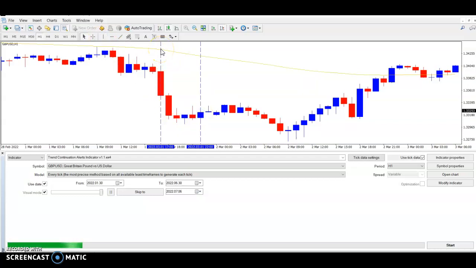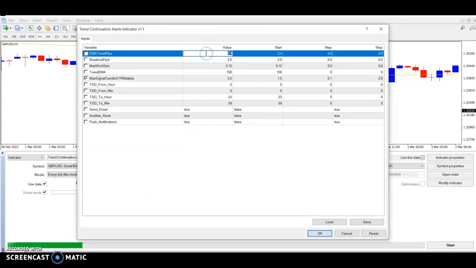It started up here, went down to there, and it moved down by 12 pips. The stronger the trend, of course, the more pips it will move. You can change this to whichever value you like, and for higher time frames you will need to increase it because there'll be more pips per candle, and for lower time frames there'll be less.